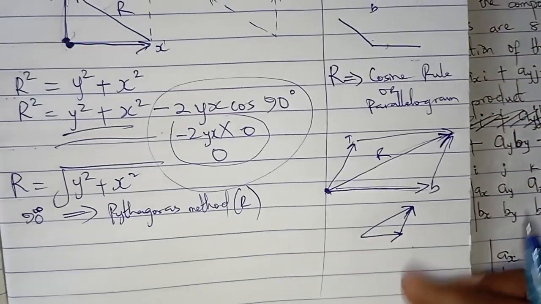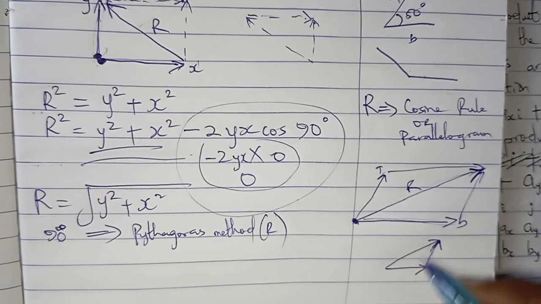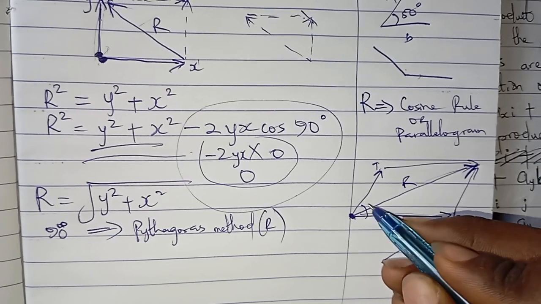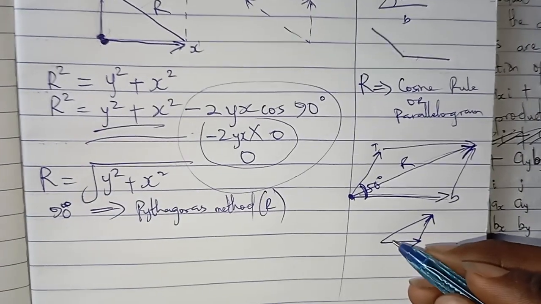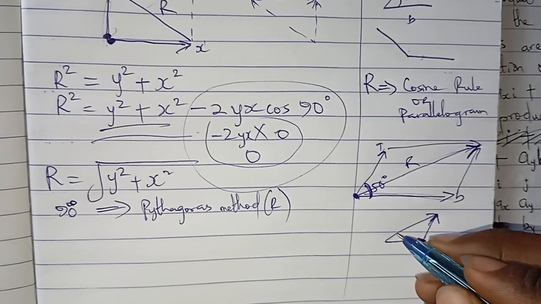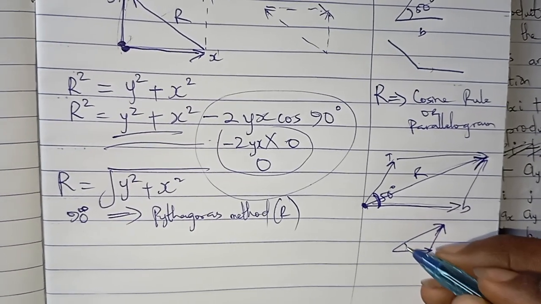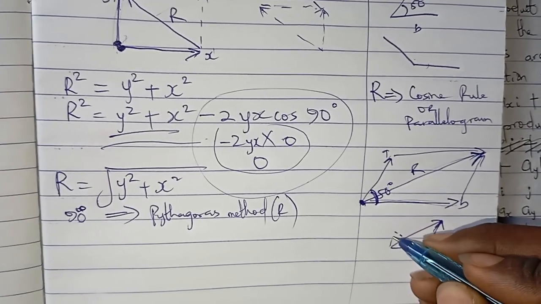But in this case, notice that if I have this now, I can now have this. Let's say the whole angle here is 50 degrees, which is some part of this.